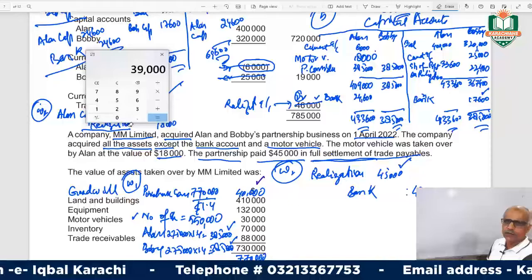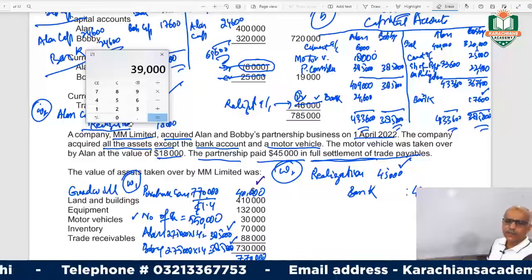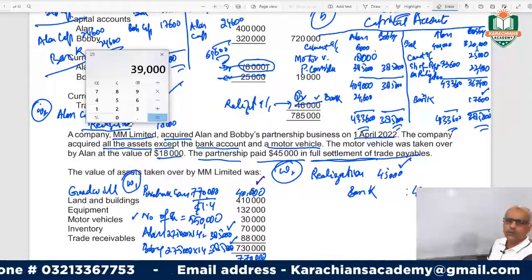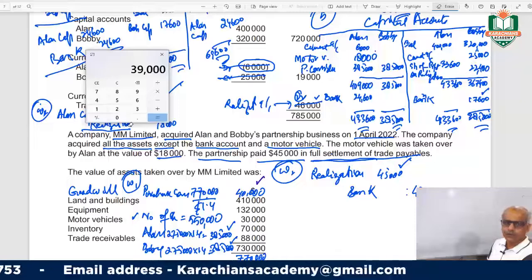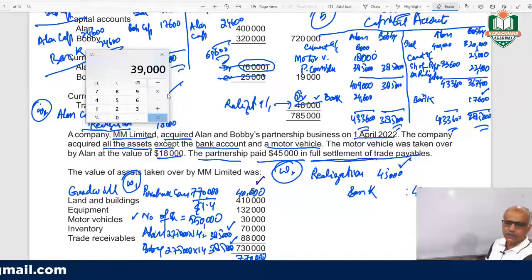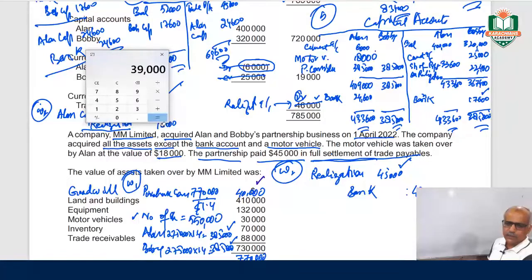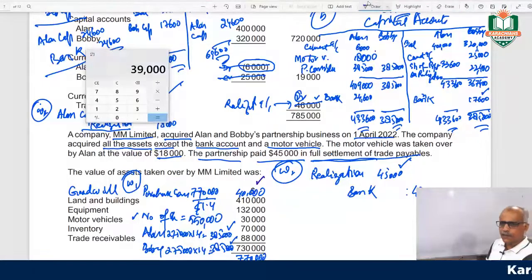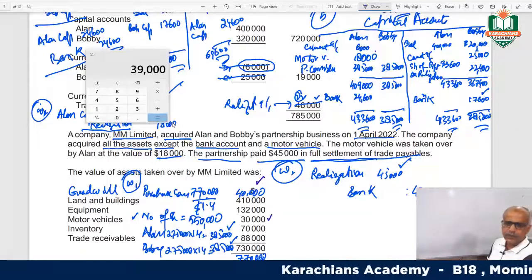There are a number of motor vehicles; one motor vehicle they did not acquire, and this was taken over by Allen. But the rest, 39,000, was taken over by the business, and they assigned a value of only 30,000 to the 39,000 vehicle, right?